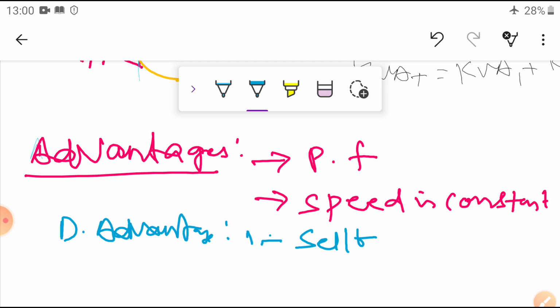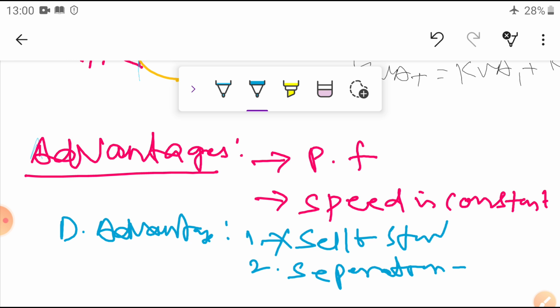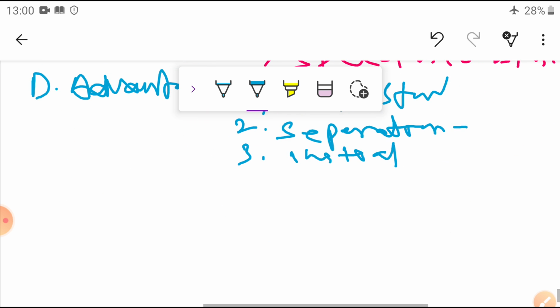Second, a separate excitation is required: DC supply is required for the rotor, and hence the initial cost is very high compared to DC machines and induction motors.